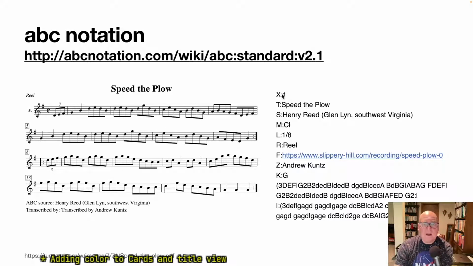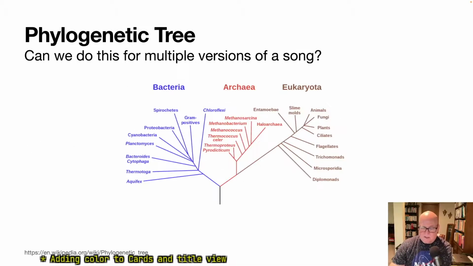So my working theory is, I should have written a goal slide here, but I would like to be able to take standard ABC notation and run this song with a bunch of others through some analysis and get information about their connections. It could be this phylogenetic tree.